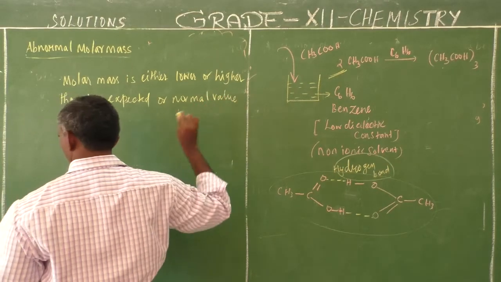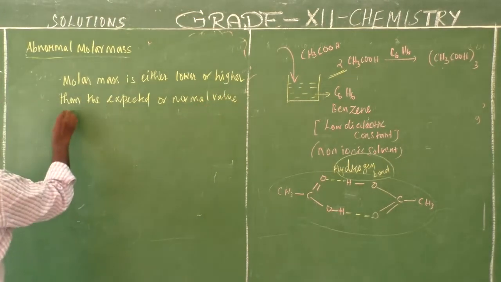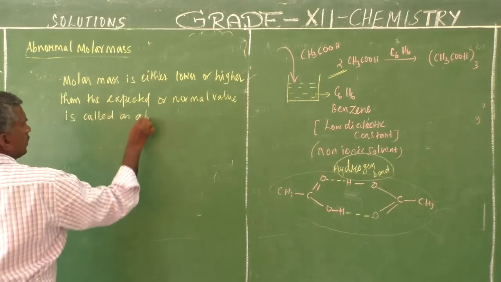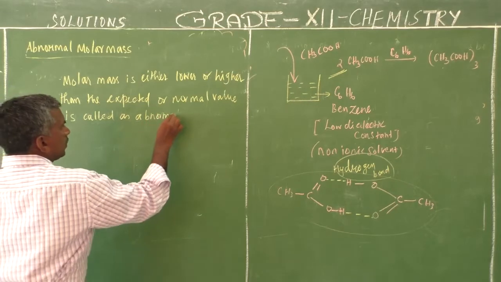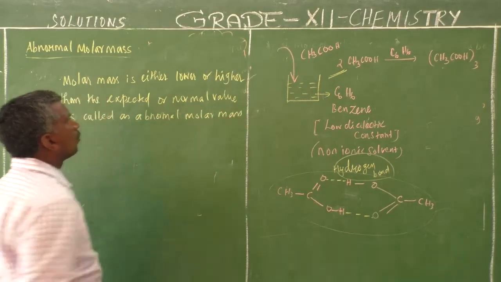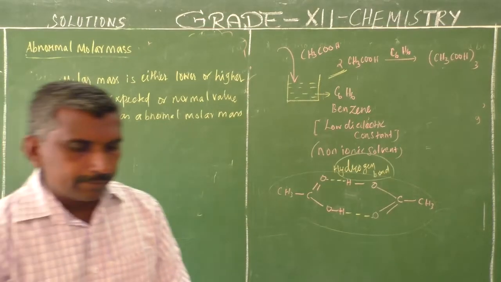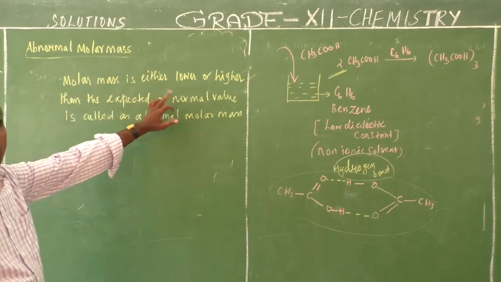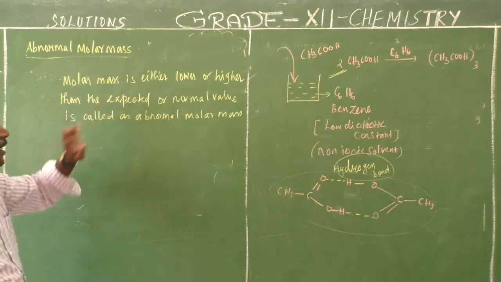That is called abnormal molar mass. That is, the molar mass is either lower or higher than the expected value.